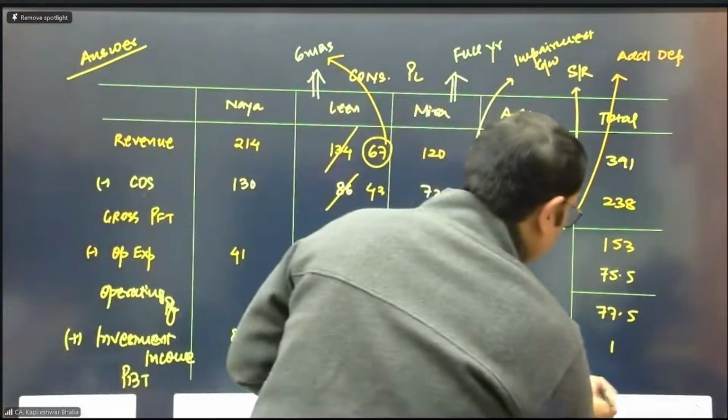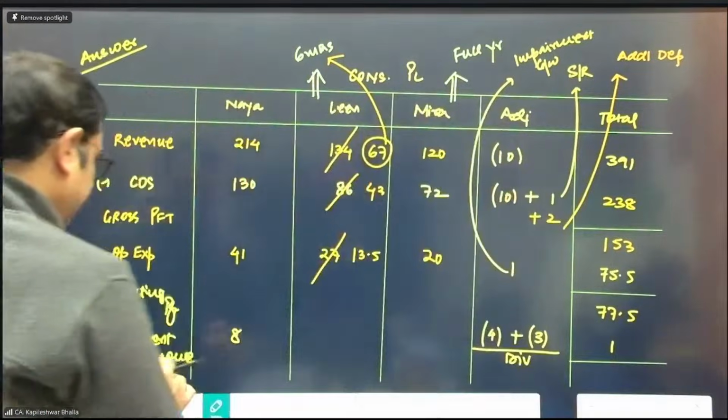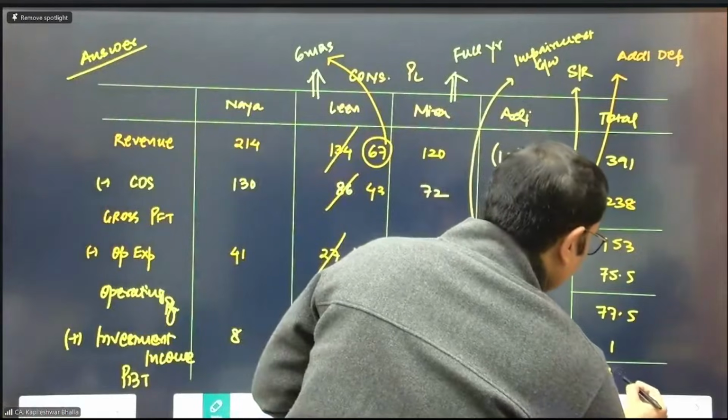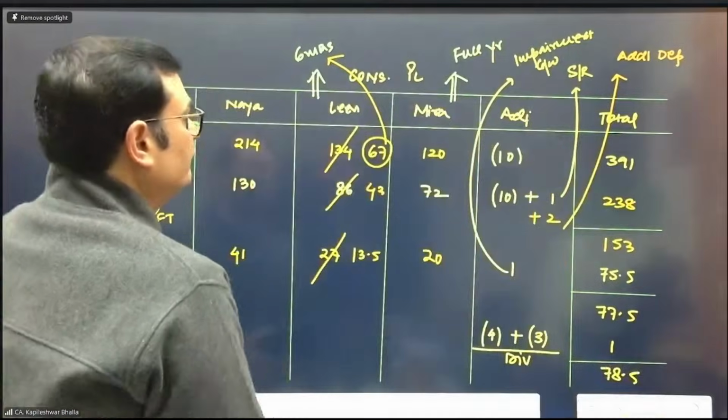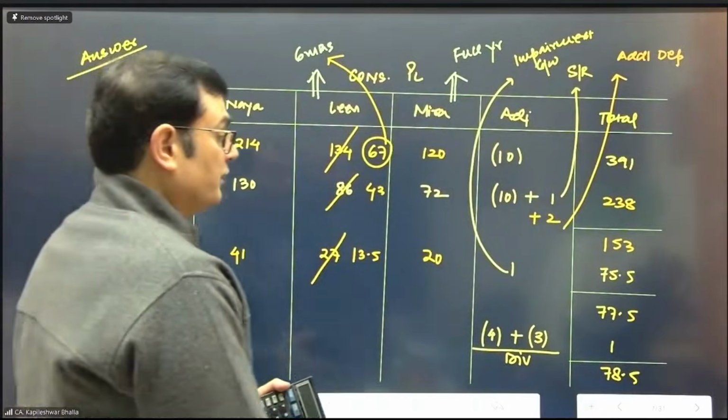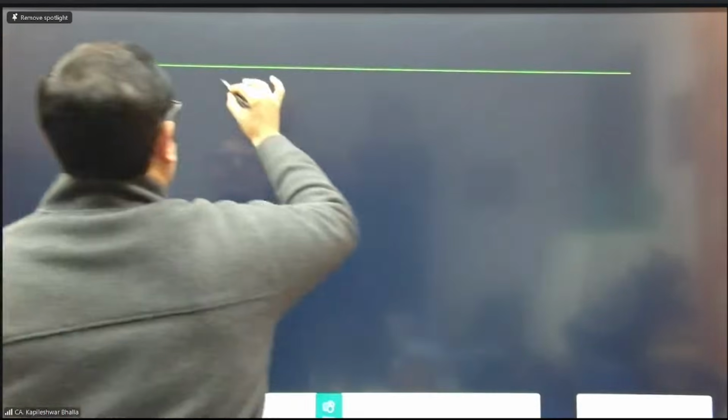So let's see what is the profits before tax. So this is 78.5 is the profit before tax. Let's, I think, continue this further. Let's continue with the formatting. So columnar profit and loss.